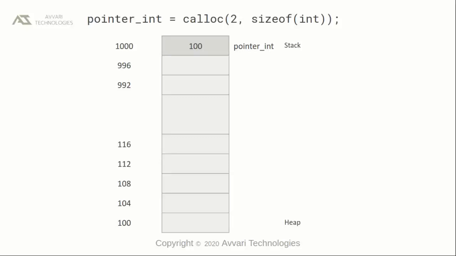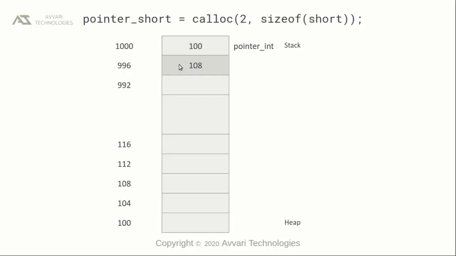Here we can see address 100 is stored at address 1000. That is, pointer integer address is stored at address 1000. And address of short pointer, that could be 108, that is stored at address 996.